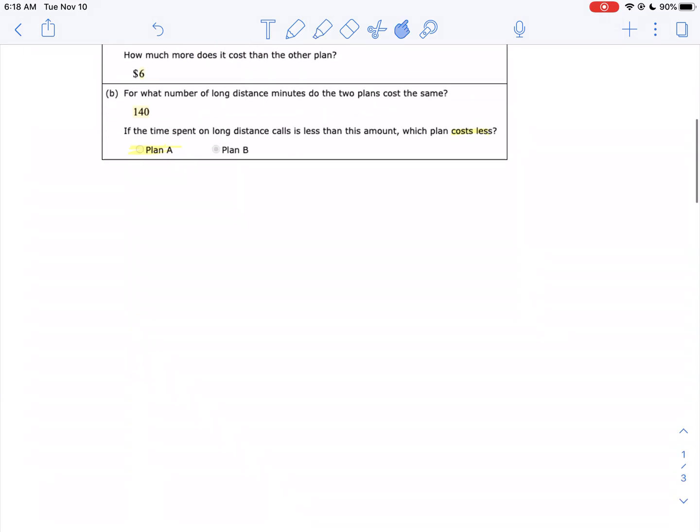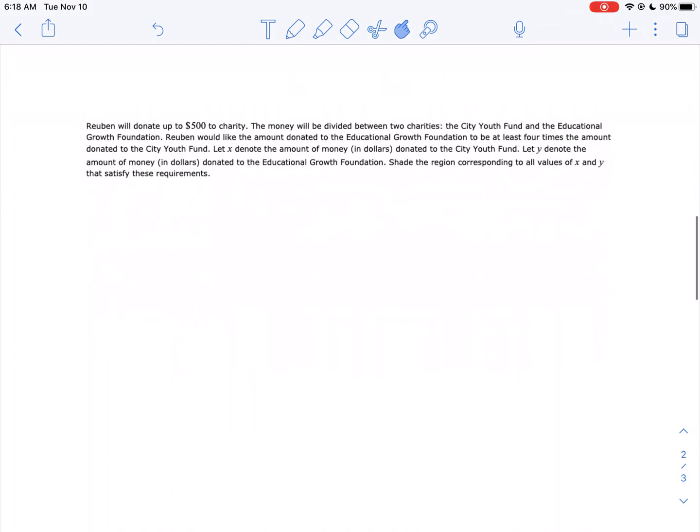If we take a look at the second problem here, you had this mostly correct when you did this on the quiz. We know we got a couple things going on here. First off, what does X stand for? Well, X is the amount in the City Youth Fund. And Y is the Educational Growth Fund.